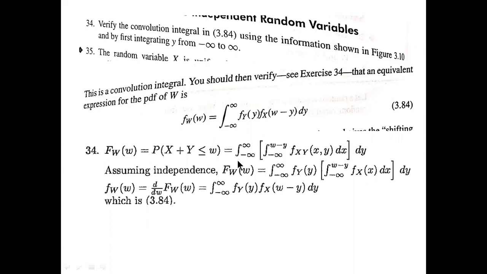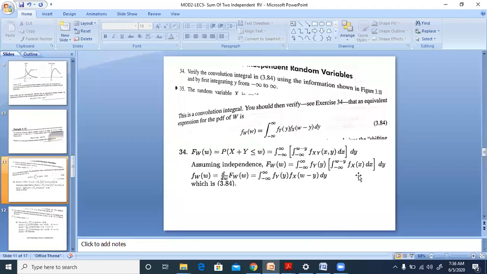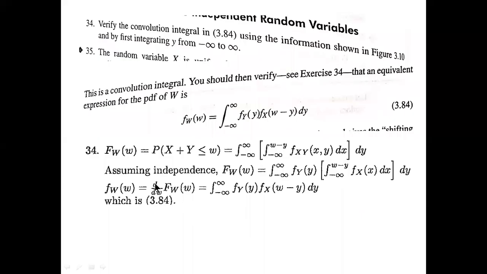Now the CDF, if you differentiate with respect to w, you'll get the PDF. So d by dw of Fw. If you differentiate the CDF, then you'll get the PDF, and that is the PDF of the W function, equal to the differential of the CDF function, and that just means that we are trying to differentiate this with respect to W. So fy of y has nothing to do with W, hence we will have the differential of only this.